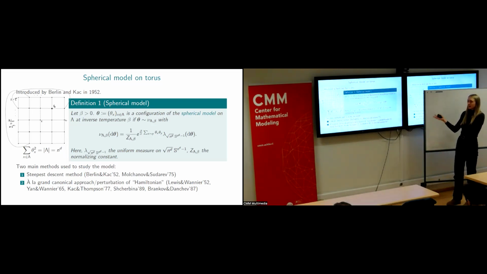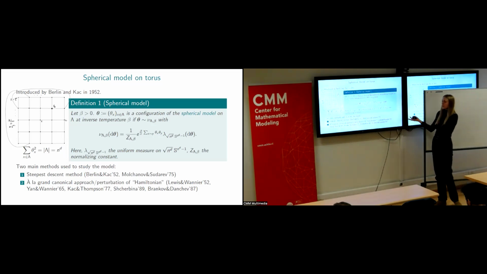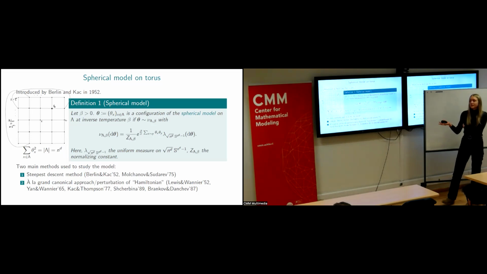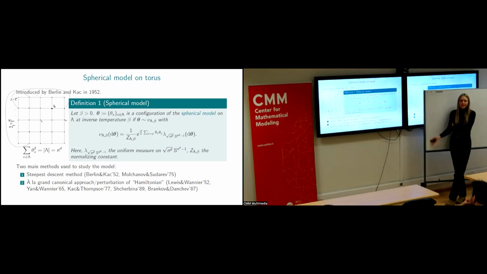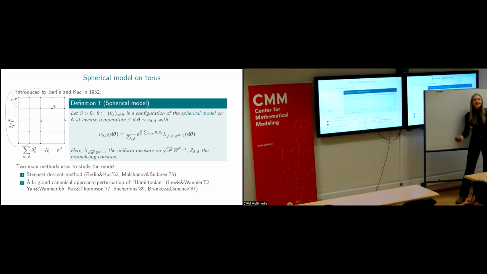The two main methods that were used to study this model are, first, steepest descent. This is the one that was used by Berlin and Kac, and there is also a note by two Russian mathematicians, a paper in some Soviet journal, where they give a bunch of theorems without any proof.